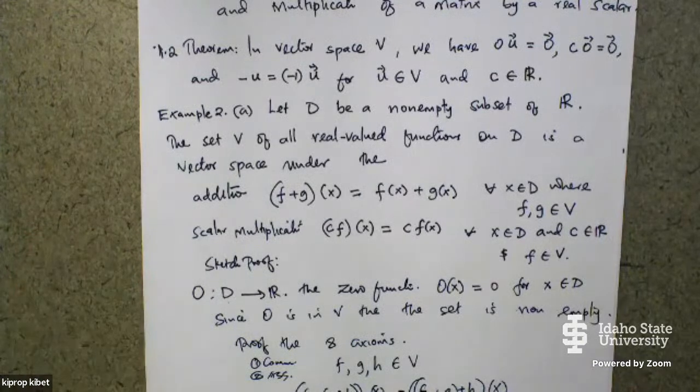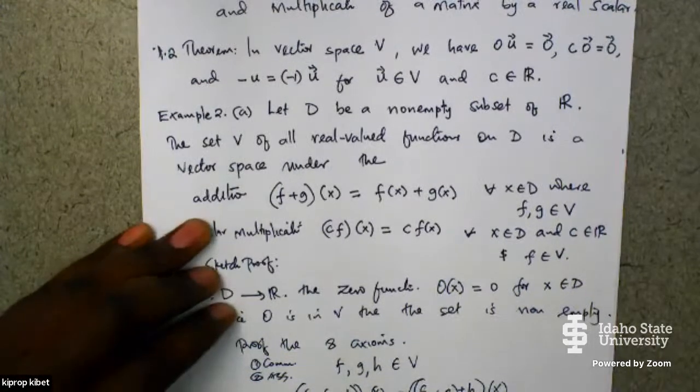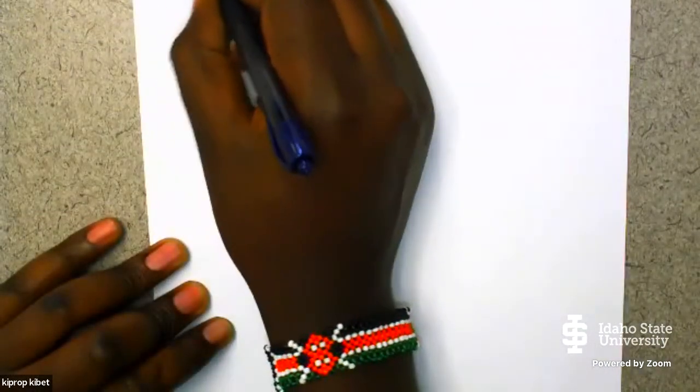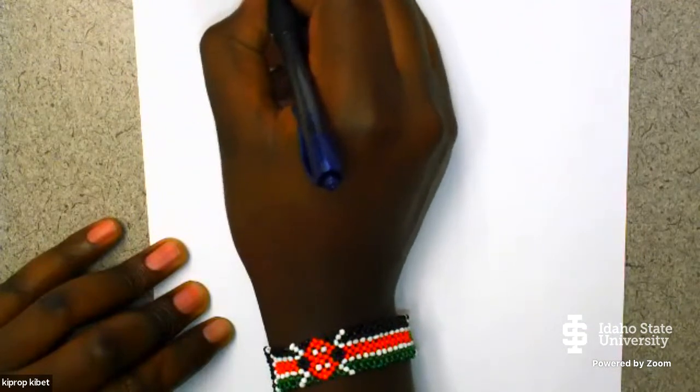Okay, now let's come to the next section, which is the polynomial, section 1.3. What is a polynomial?